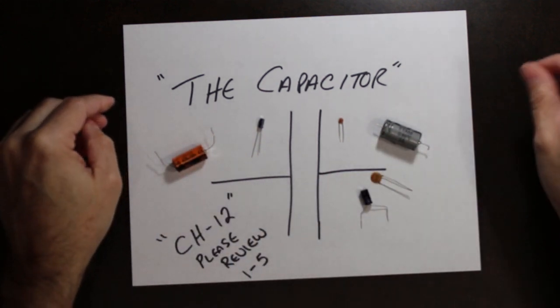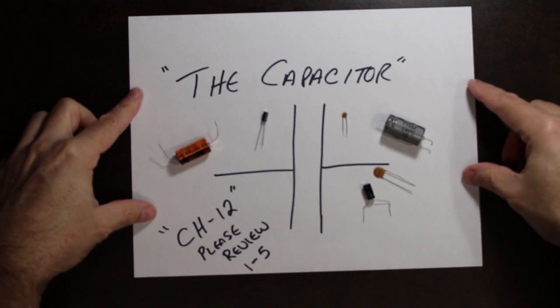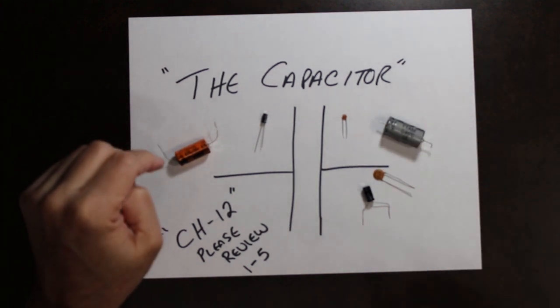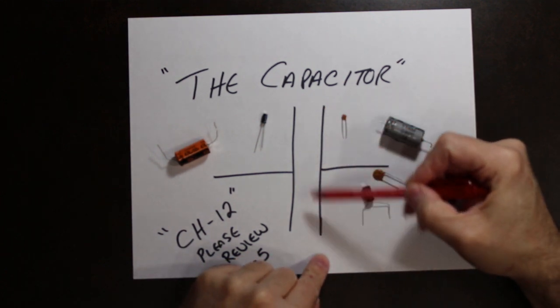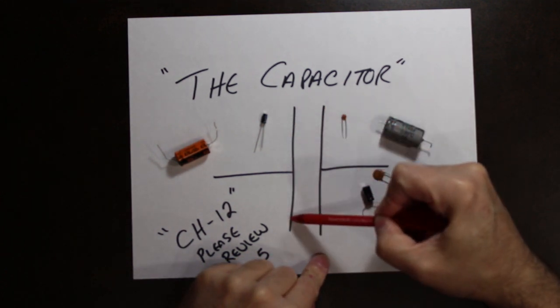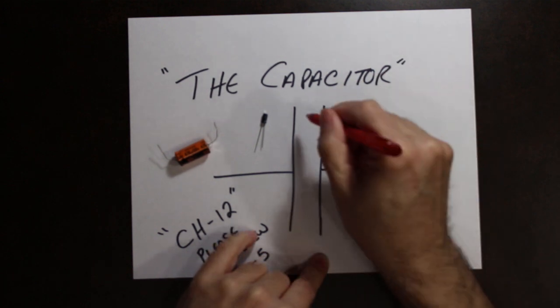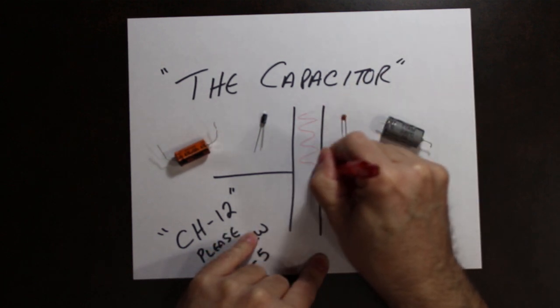So what is a capacitor and what does it do? Well, a capacitor is made up of two conductive plates that are separated by an insulating material.